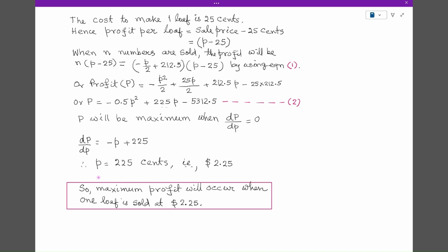Therefore, p is equal to 225 cents, that is $2.25, because for the profit to be maximum, dP by dp has to be equal to 0.